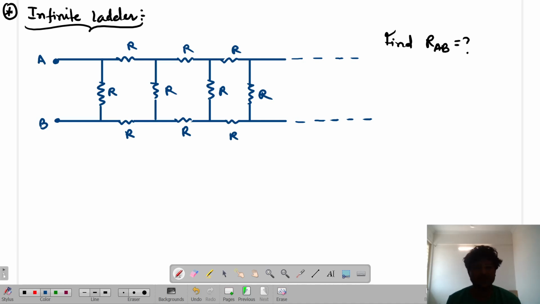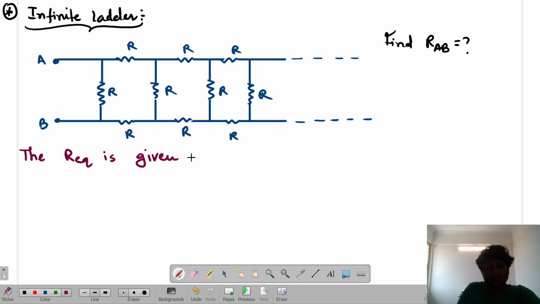So let's suppose the resultant resistance, the R equivalent, is given as x.